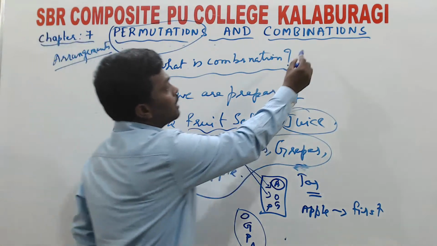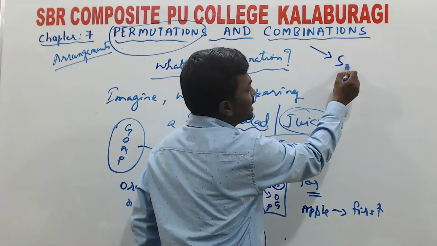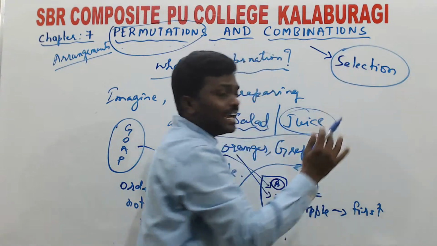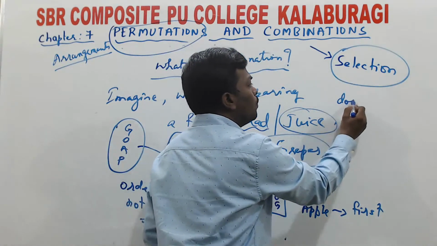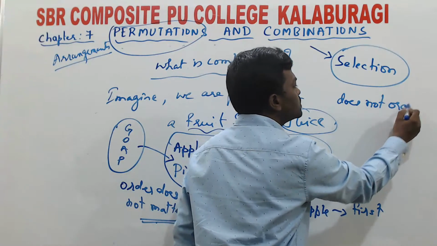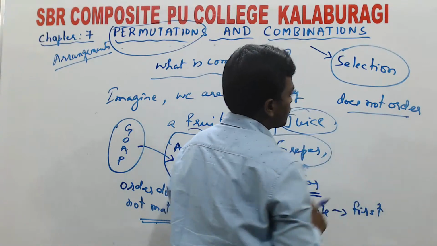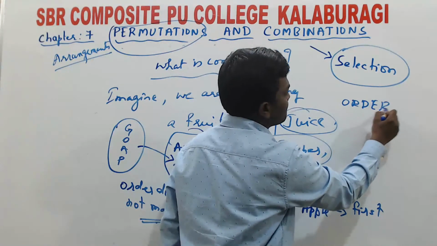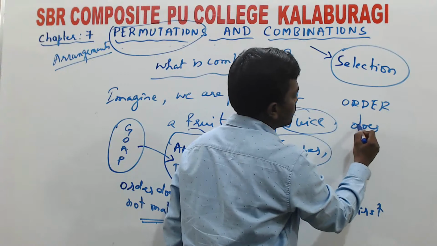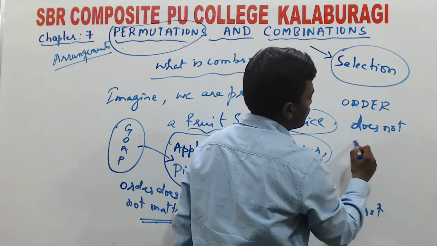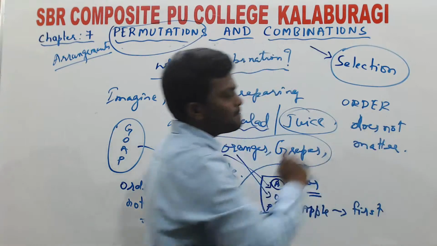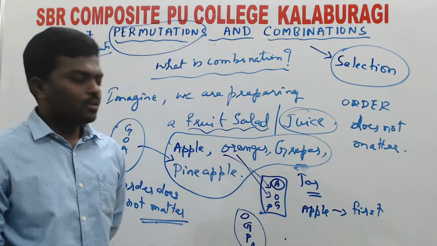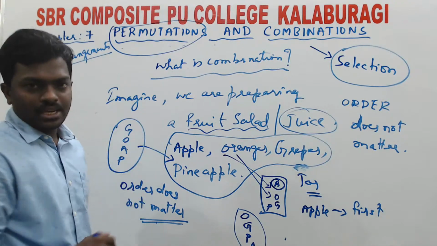So combination is nothing but a mere selection of objects, and it doesn't matter in which order you use it. Order does not matter here. Is that clear, students? Okay, so this is a good example of combination.